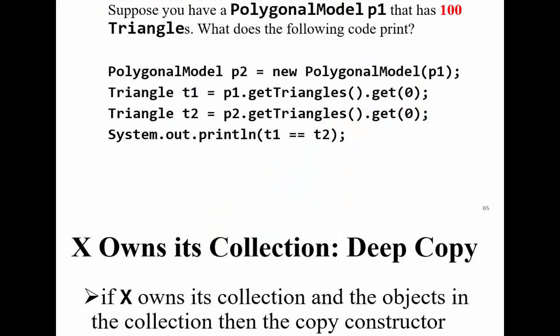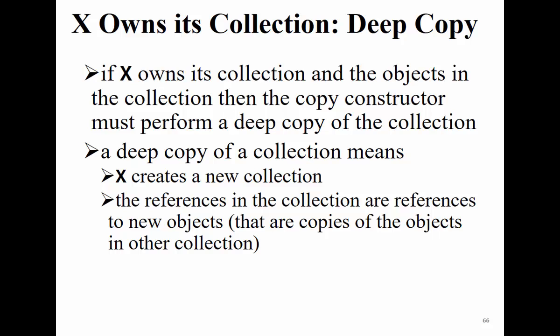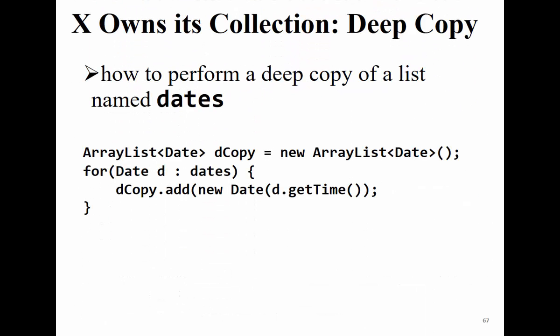Now is the extreme case, extreme ownership. I own the collection and I own the objects inside the collection. No one else should access the collection or the objects inside it. That's what we call a deep copy. Here we have a date list, and we create a new array list.